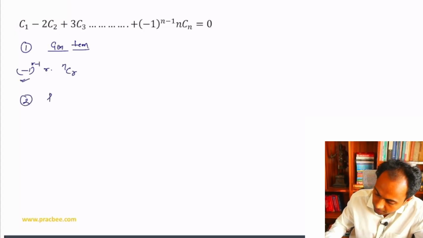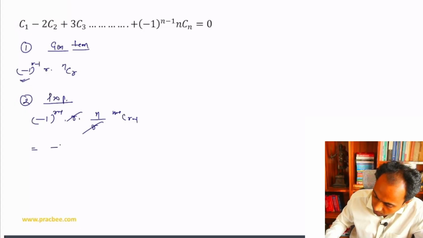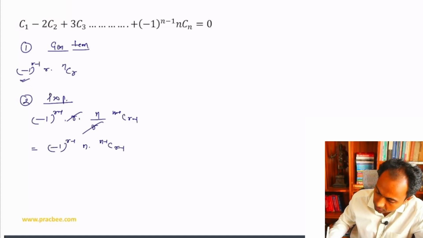Second is to apply the property, and this part will remain same. So in the same one, I have applied the property. This will become N by R, N minus 1 CR minus 1. R gets cancelled out. This becomes minus 1 raised to the power R minus 1 N into N minus 1 CR minus 1.